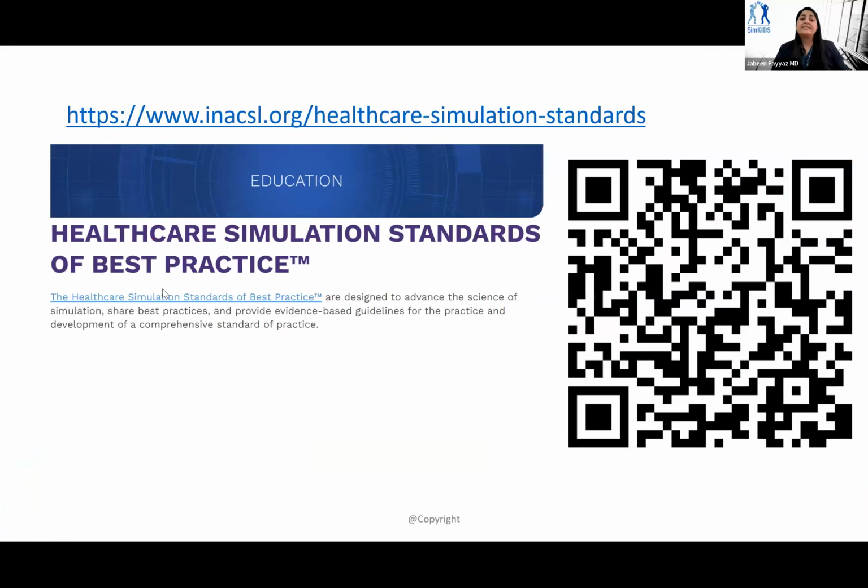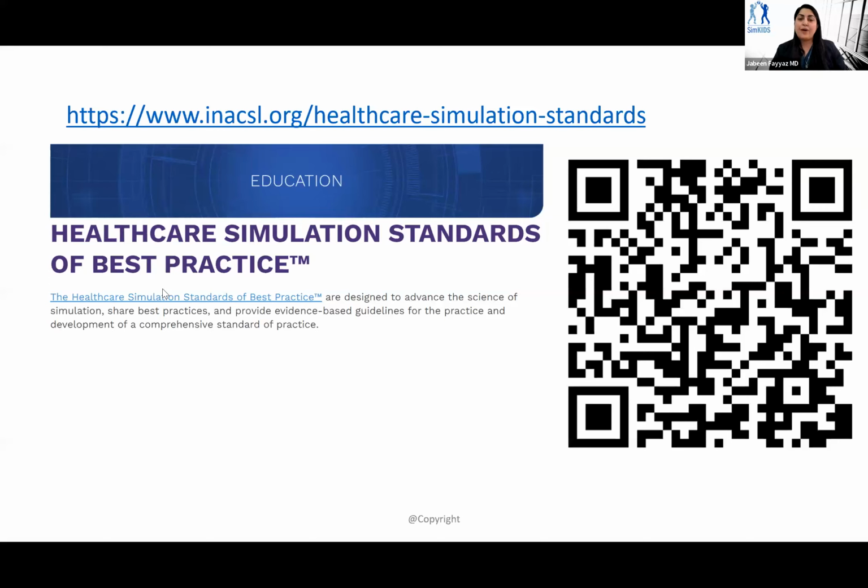Then there is INACSL, another society for simulation, which has released the Standards of Healthcare Simulation. This is the barcode which will take you to the website where all these standards of healthcare simulation best practices are.